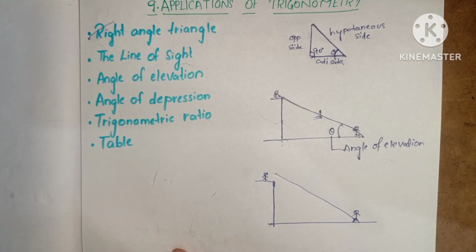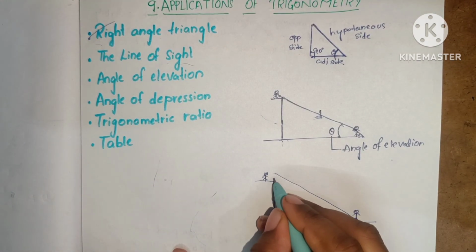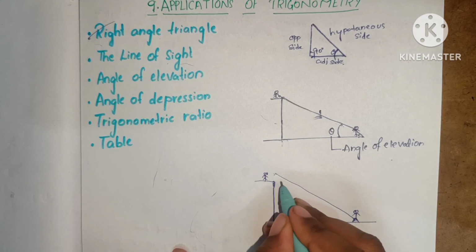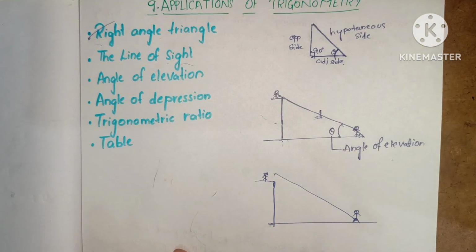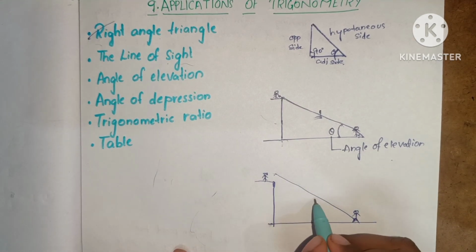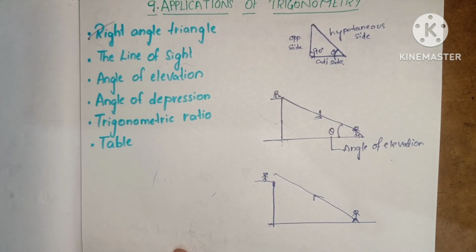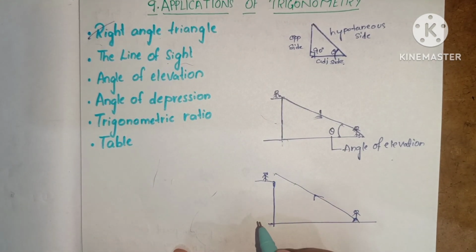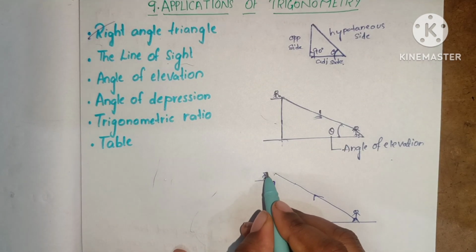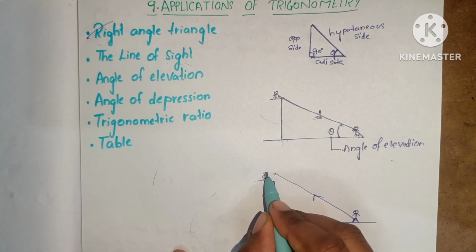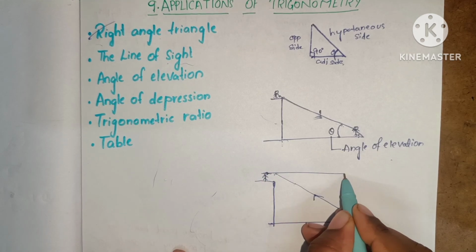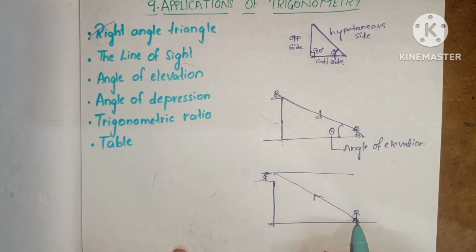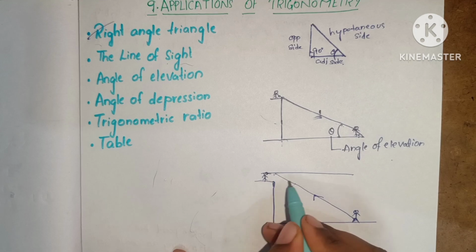Here the observer was at the top of the building and the person was at the bottom. Again an angle is created between the line of sight and the horizontal line. That means the observer was watching in the downward direction. When the observer watches in the downward direction, the angle of depression is created.